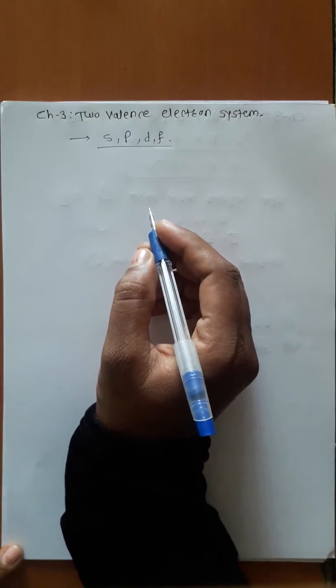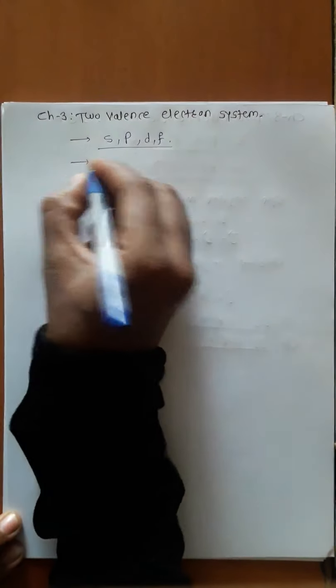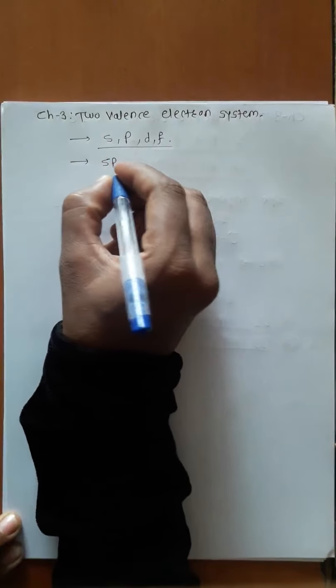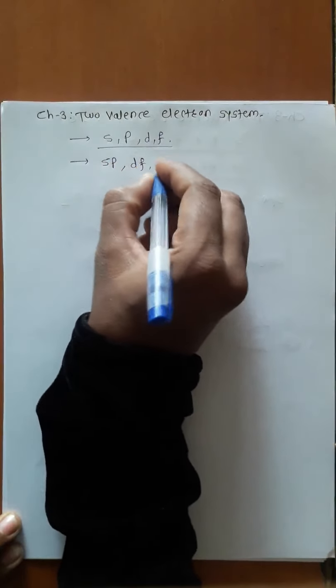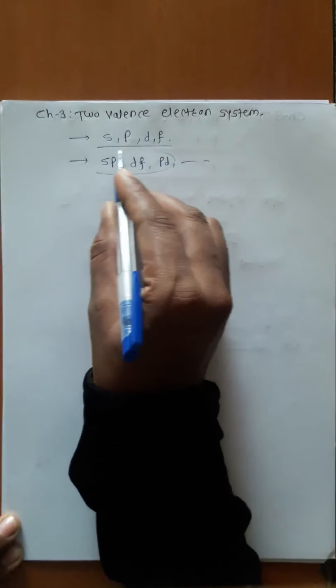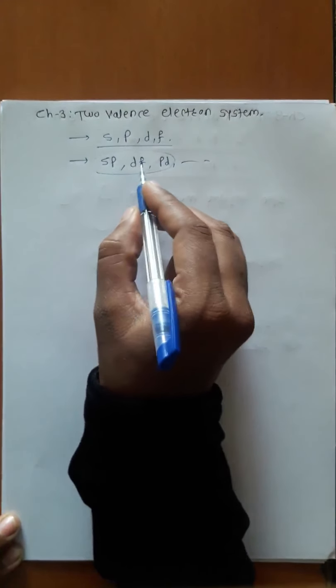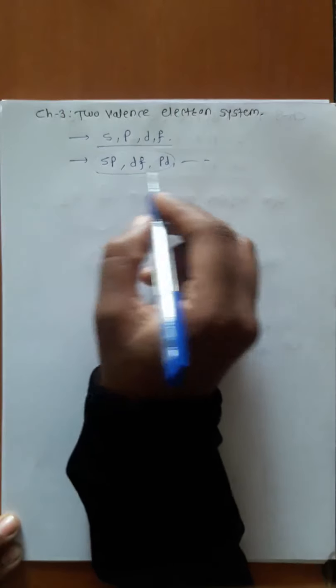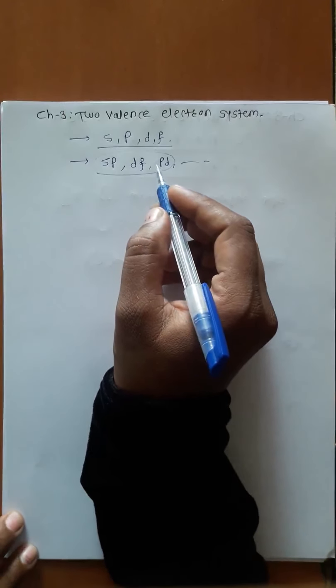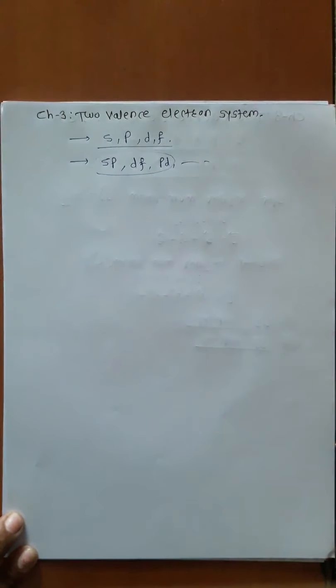Two electrons means the vectors are either sp, df, pd and so on. We have to write the spectral terms for these sp, df, pd combinations for two electrons.